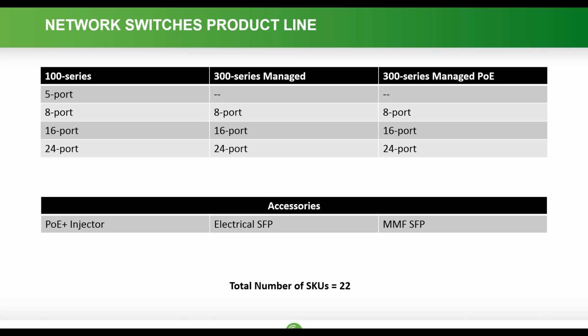We have a 100 series, which is the unmanaged line, the 300 series, which is the managed and managed PoE. For each line, we offer 8, 16, and 24 port, and we add a little 5 port for the 100 unmanaged. Then we supplement the line with some accessories, so the PoE injectors and some SFPs that go with the managed ports.